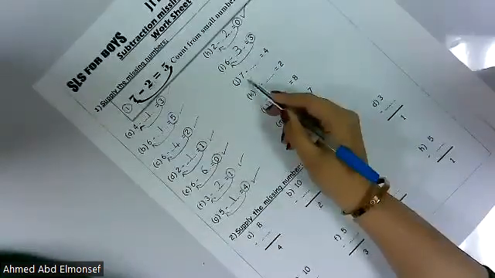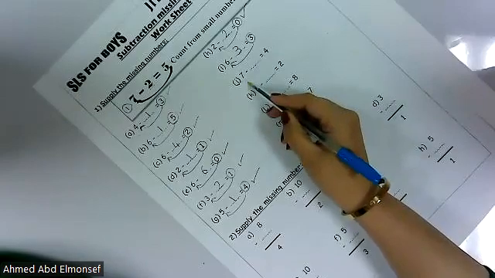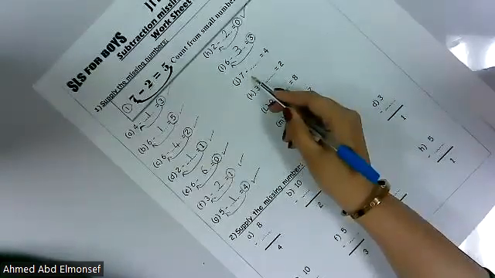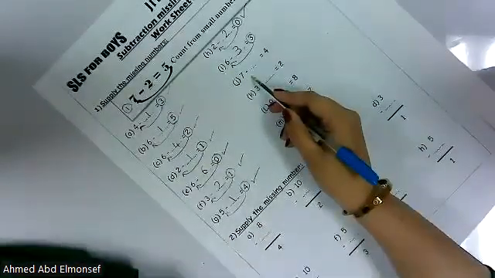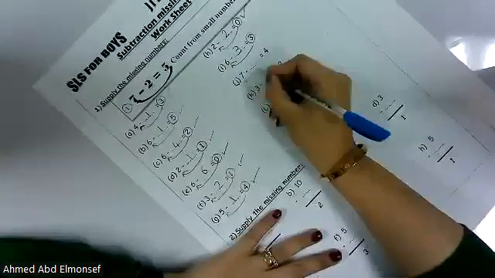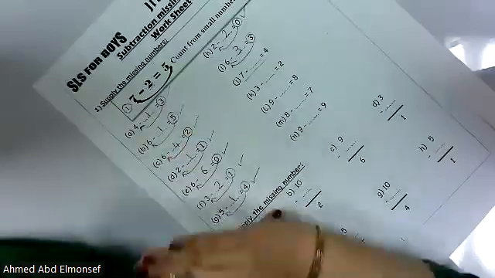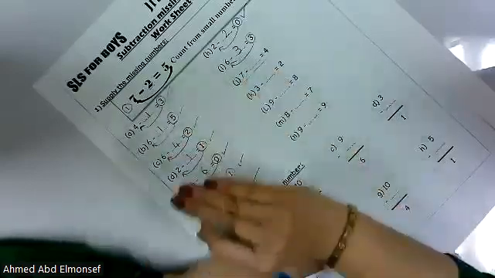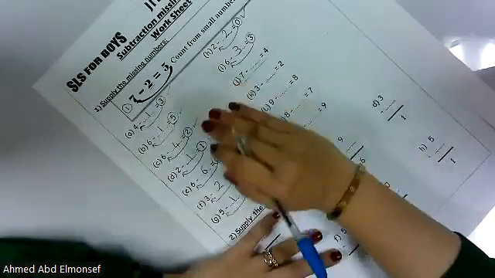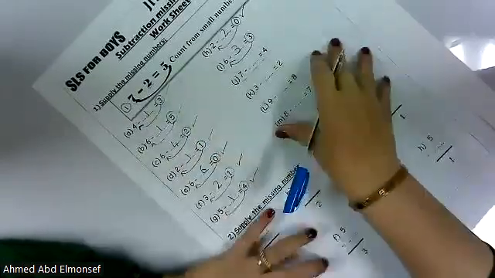The minus, keep it minus. I'm not going to change any sign. In this method, we are going to keep it as it is. Minus, keep it minus. And do it as the normal way we already know.